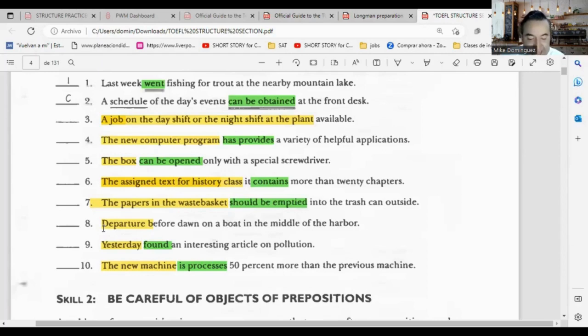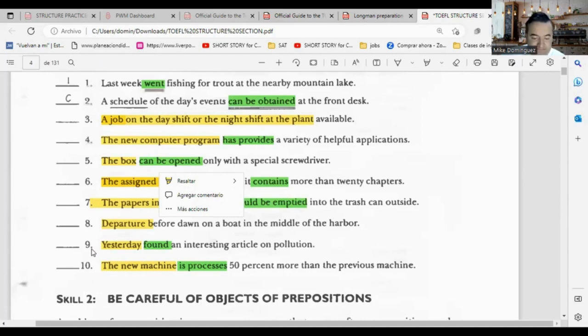In this case, he doesn't know how to make a correct sentence. There is a verb missing. Departure is scheduled, for example. Departure is, or departure is scheduled. Whatever case you want, but you need a verb. The subject is correct, but you need a verb.